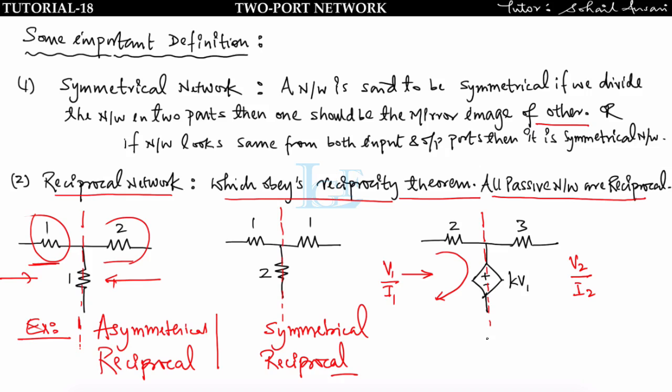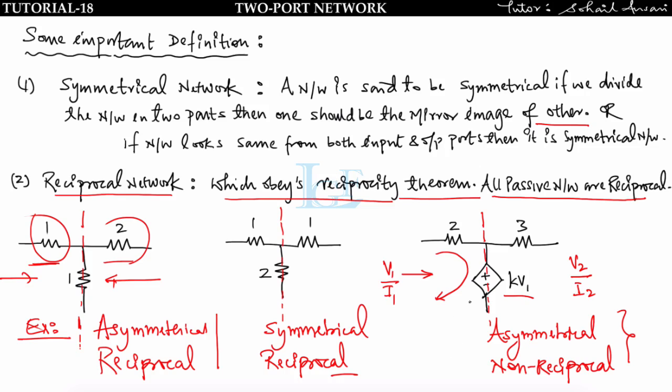So overall we can say that this is not a symmetrical network, this is asymmetrical. Now this network contains a dependent source, means this is an active network, so we can say that this is non-reciprocal. In this way we can find the symmetrical and reciprocal network.